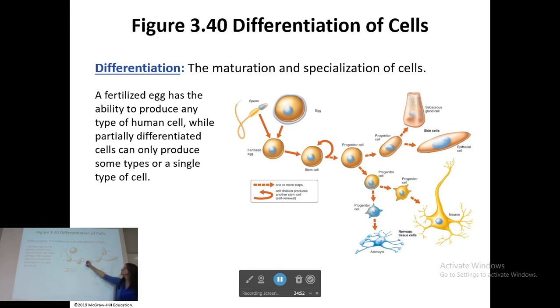Then the progenitor cells are more determinate, right? So they're going to produce more progenitor cells, but these progenitor cells are going to have a certain pathway that they can go down. So for instance, here we have skin cells. Here we have progenitor cells that produce neurons, right? So it becomes more and more specialized.